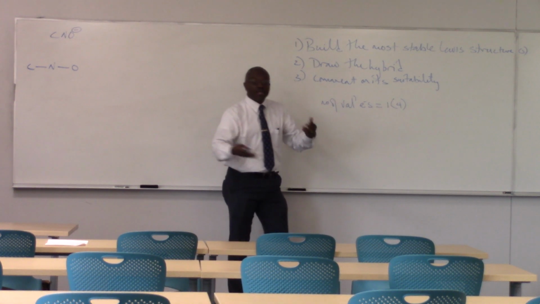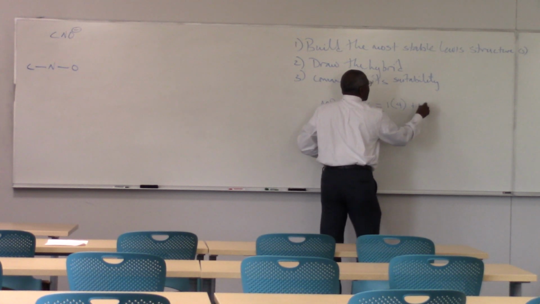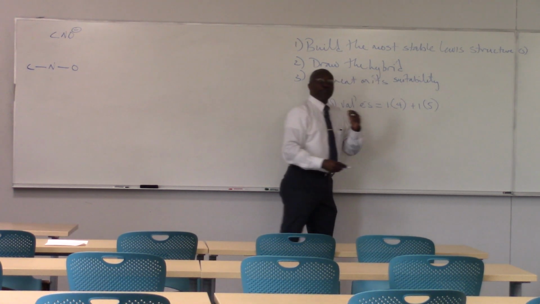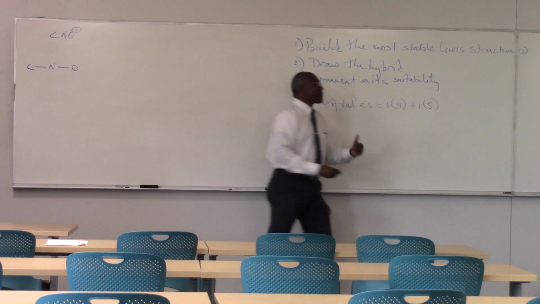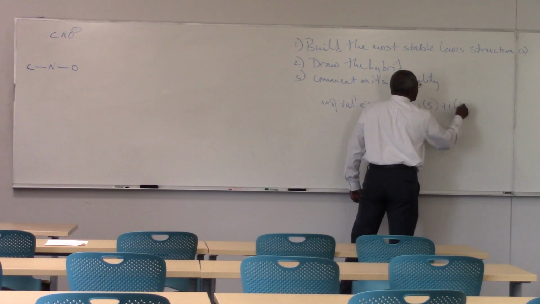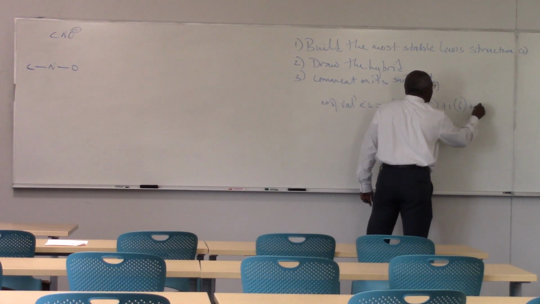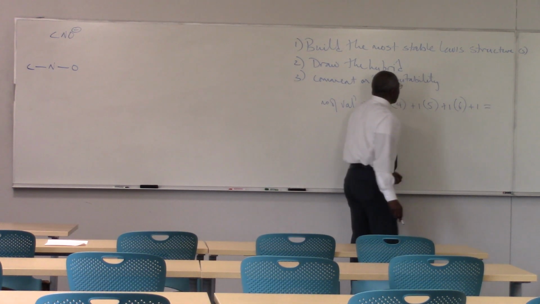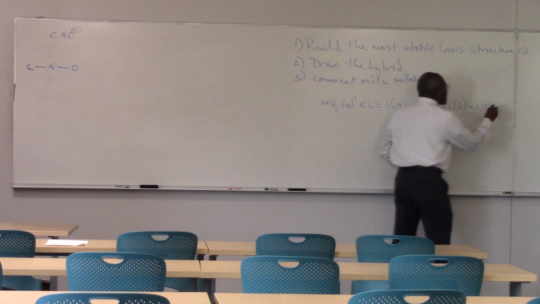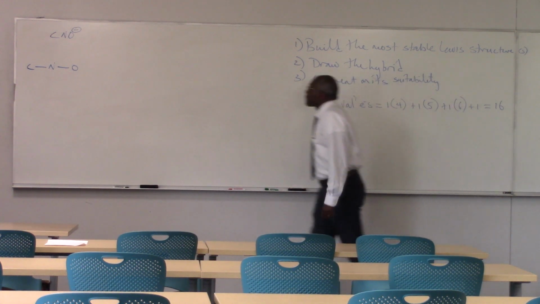That's how you define them, right? Plus 1 times 5 for the group 5 nitrogen, and there's only one of them, plus 1 times 6 for the group 6 oxygen, plus 1 for the negative charge. And that gives you a total of 16 valence electrons.